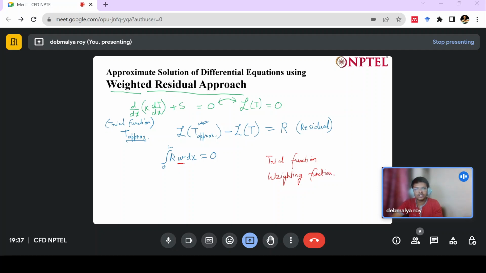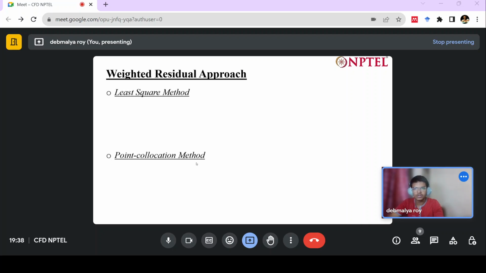Depending on the choice of weighting function, we will have different kinds of weighted residual approaches, and that's what we are going to do right now. If we come to the examples, this particular method will become more and more clear to you. One of these weighted residual approaches, which I think is most intuitive to understand, is the least square method.